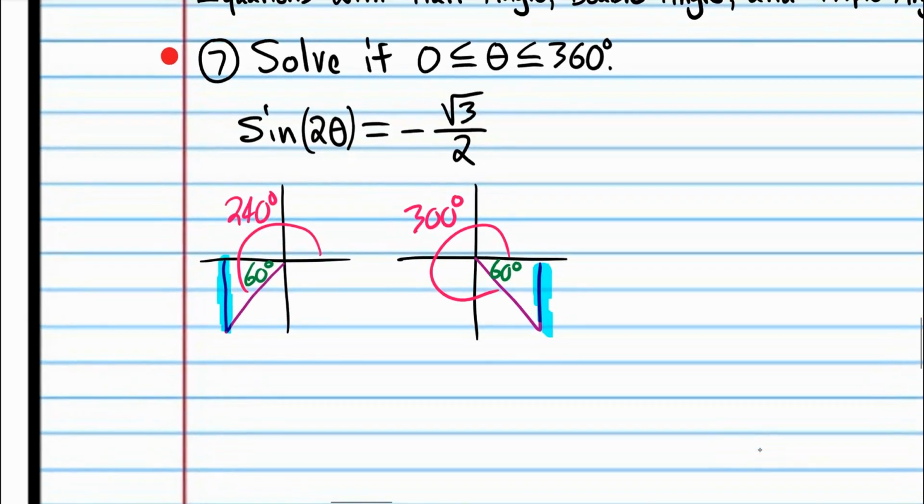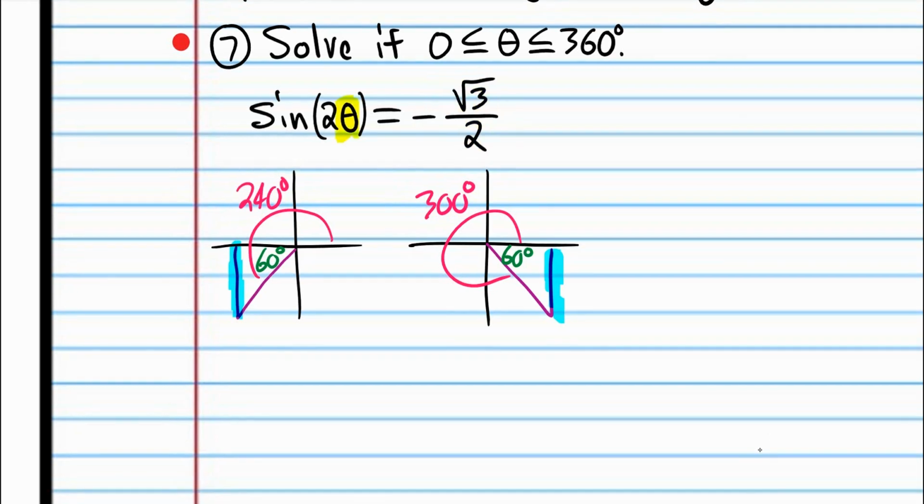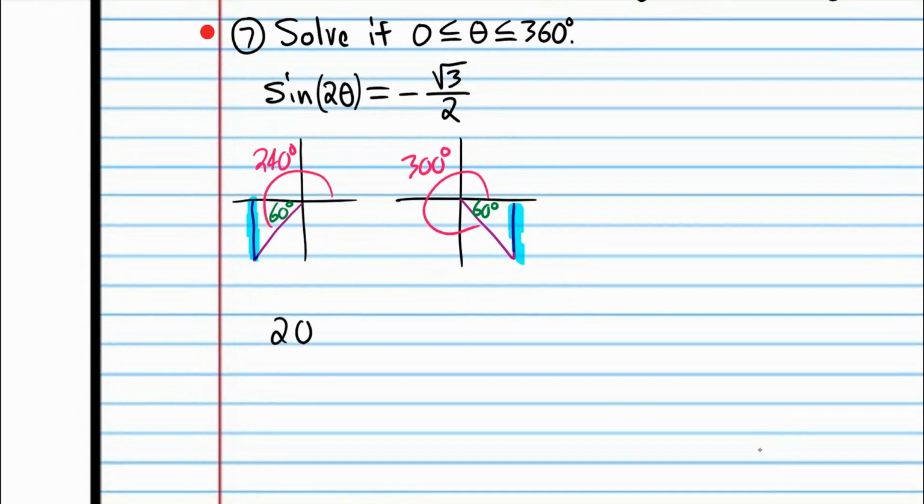The problem is we're not looking for the angle that we plug in to get this ratio. We're looking for a number such that when you multiply it by 2, you get the angles that will produce this ratio. What number multiplied by 2 will give you these numbers that will produce this ratio? So in order to show this on paper, we'll write 2 theta is equal to 240 degrees or 300 degrees.